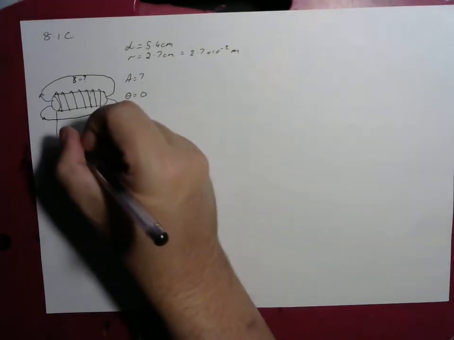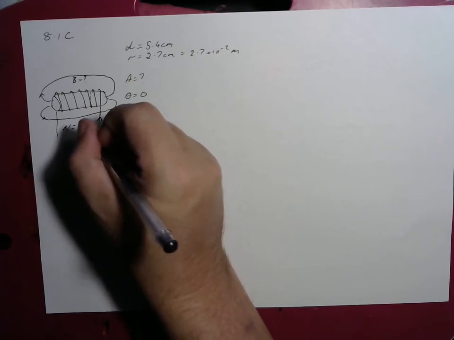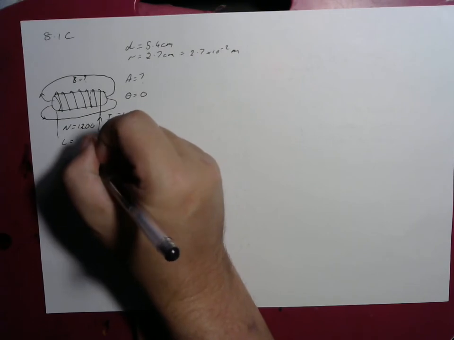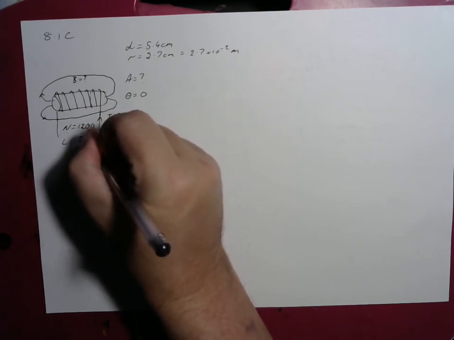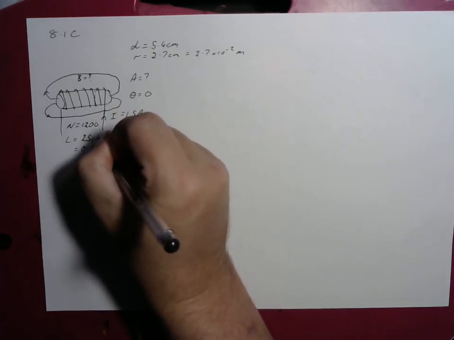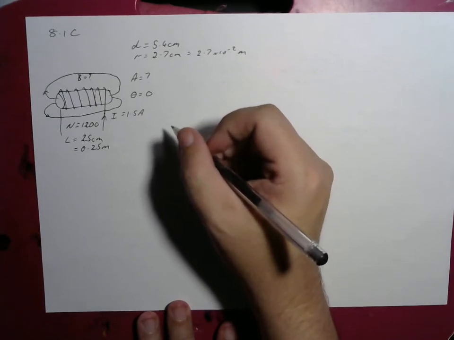Okay. What else do we need here from the question? We're told that the number of turns, N, equals 1200, and the length of the coil of the solenoid is equal to 25 centimeters, equals 0.25 meters.